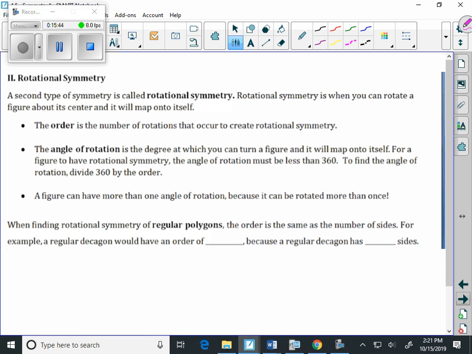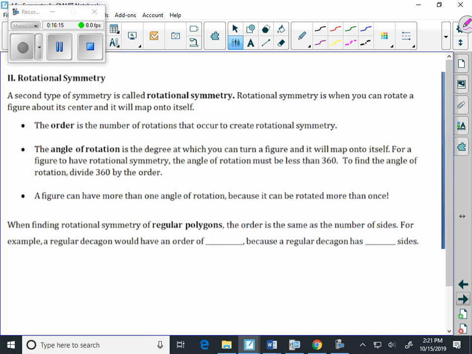So we're going to turn it somehow, and when we turn it, we want to come up with the same figure that we started with in the exact same place. The angle of rotation has to be less than 360 degrees. To find the angle of rotation, divide 360 by the order. Finally, a figure can have more than one angle of rotation because it can be rotated more than once.